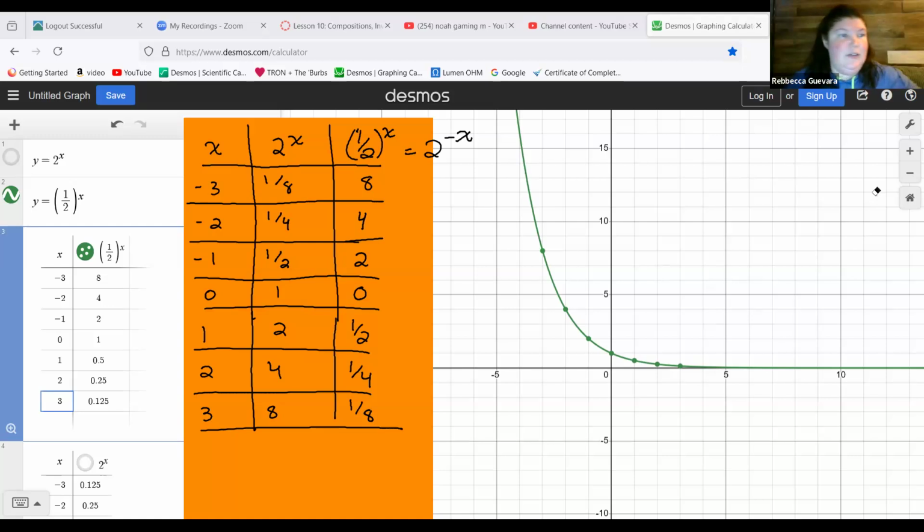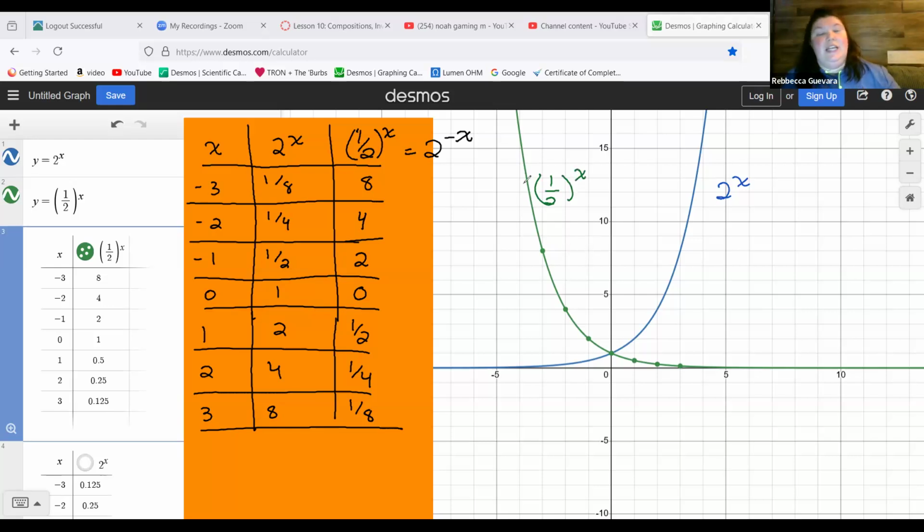To make this more obvious, let me put back the first function. This was 2 to the x, and this is your 1/2 to the x. What we see is that we're getting that reflection.